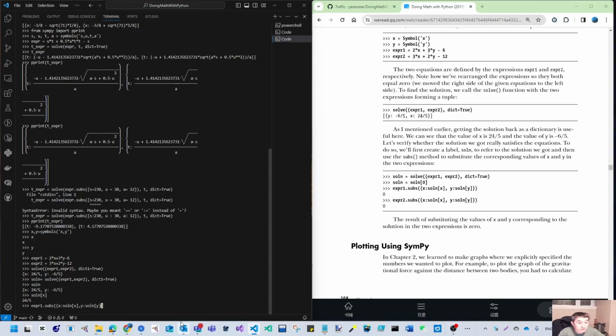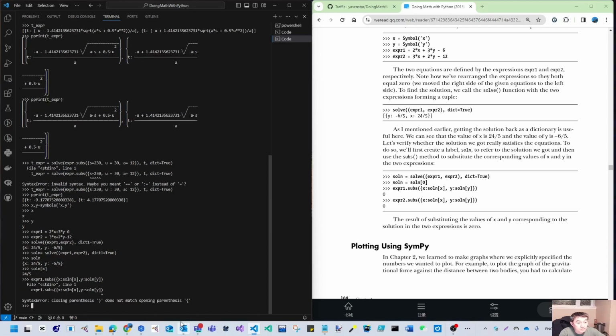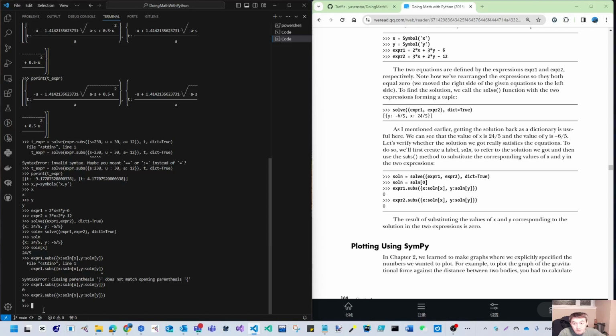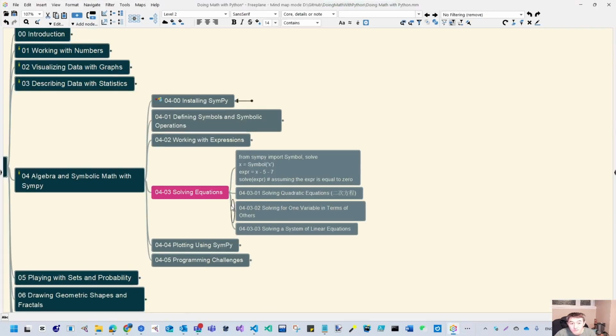We check whether this is equal to 0. Oh, I missed one curly brace. If it goes to 0, then that means these x and y are the real solution for expression 1, and we validate expression 2. If that is also 0, then these are the correct solution pair. So that is how we have done the demos for this third part.